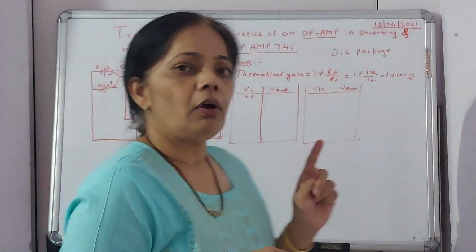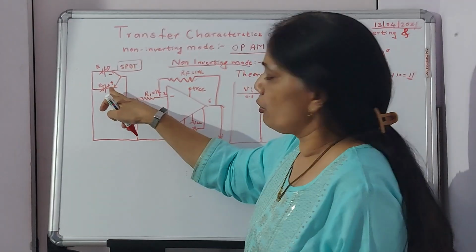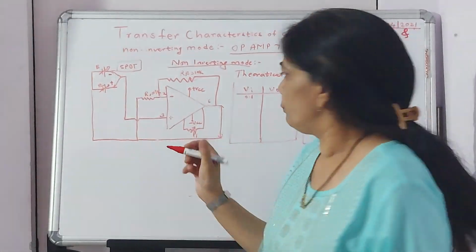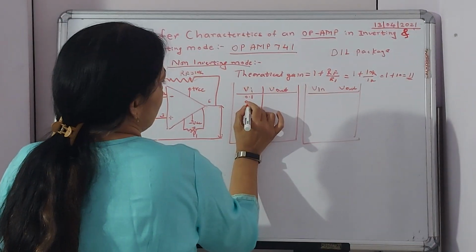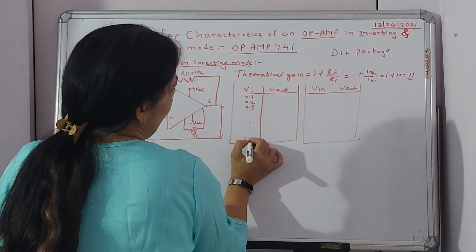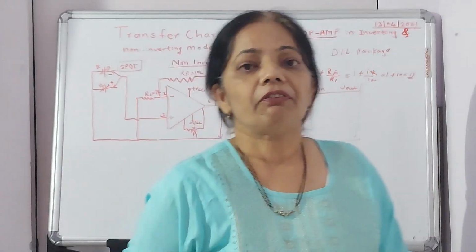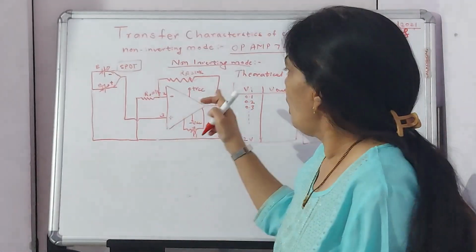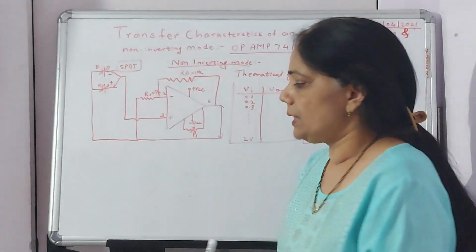My switch is towards the positive, so input will be positive. So I say 0.1, 0.2. In steps of 0.1, I'll keep on increasing the voltage till I reach 2 volts. This is my VI. I have to observe what my V out is in this case.